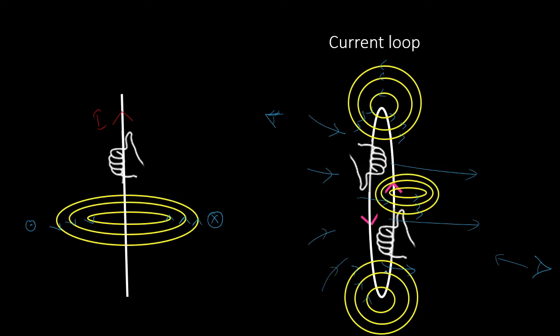So now we can easily recognize that one side of the loop is behaving like a north pole because the field lines are coming out of it. The other side of the loop is behaving like a south pole because all the field lines are entering into it.